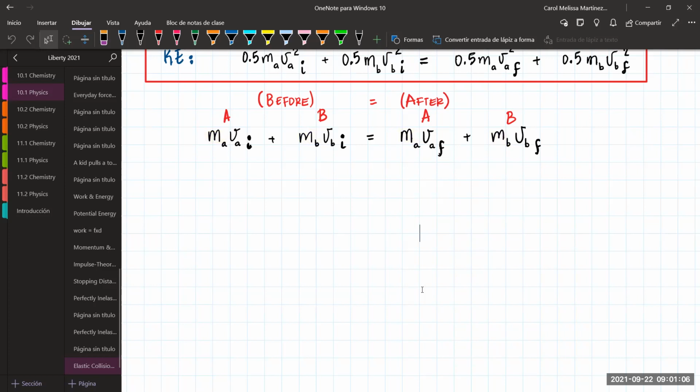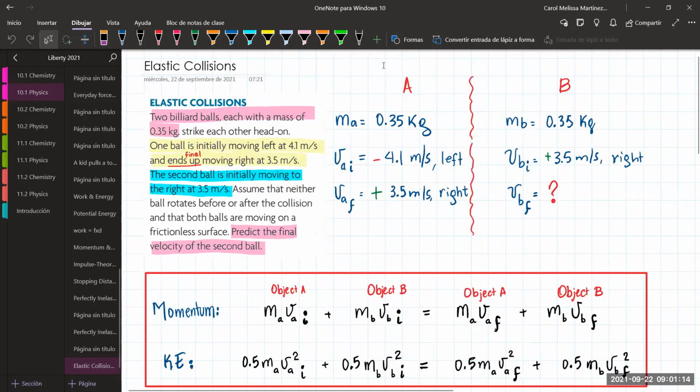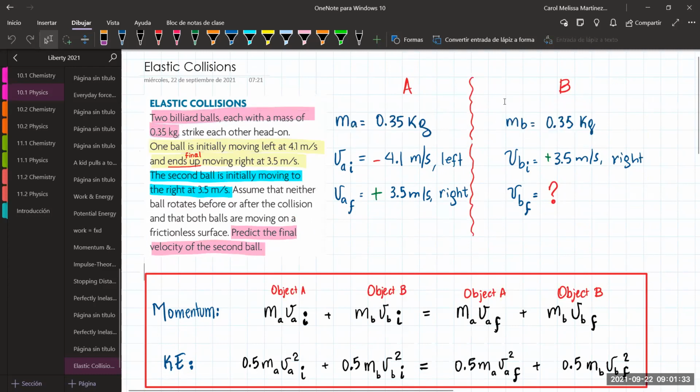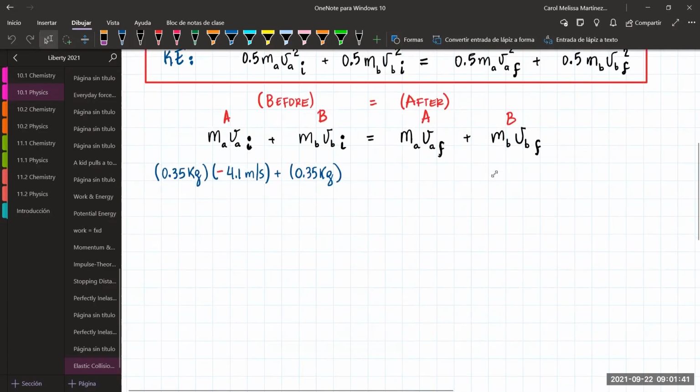So I'm going to input givens 0.35 kilograms. My object A is traveling initially at negative 4.1. Okay? So here, negative 4.1 meters over second plus object B, which has the same mass but a different velocity, initial velocity, 3.5 positive meters per second.